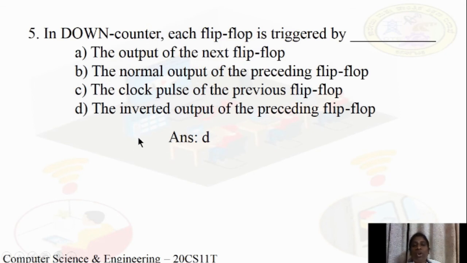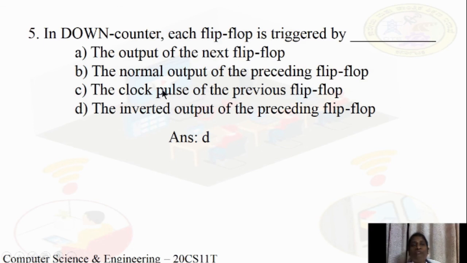Next, the last question: in a down counter, each flip-flop is triggered by dash. The options are the output of the next flip-flop, the normal output of the preceding flip-flop, the clock pulse of the previous flip-flop, or the inverted output of the preceding flip-flop. Let us recall the down counter part.